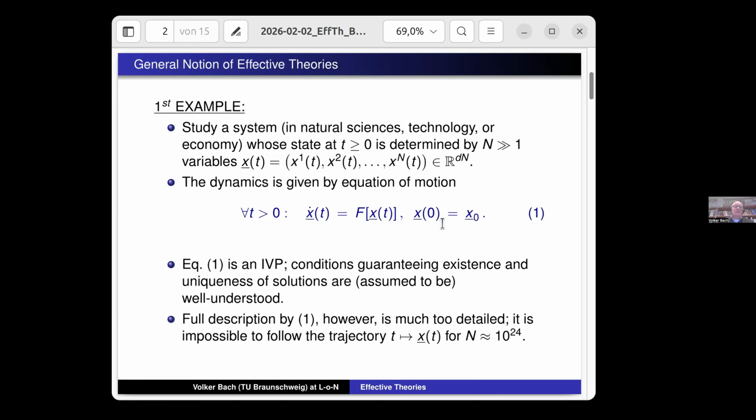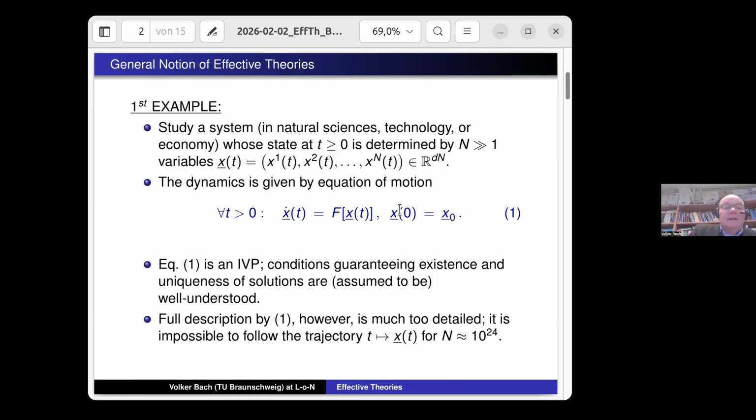This is a huge vector, and the dynamics of the system is then given by some equation of motion. What this equation of motion is depends, of course, on the system that we want to study. But the general structure of this equation of motion is the one I describe in equation 1.